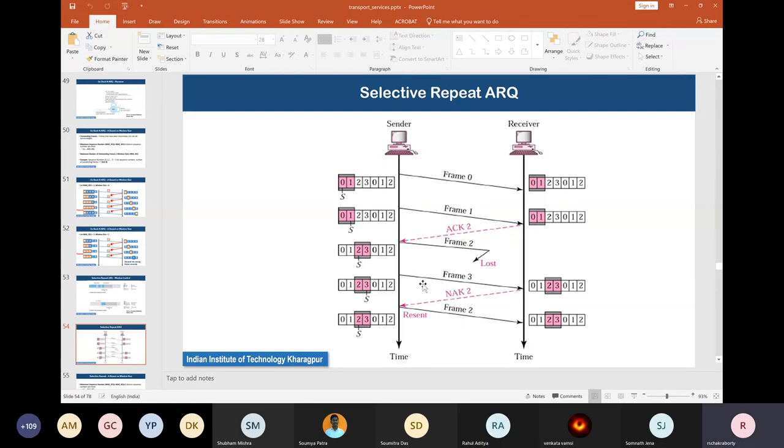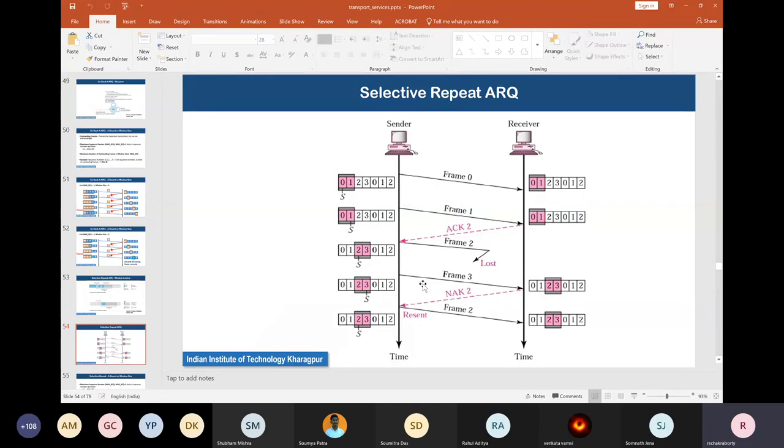So read the book. This topic is very nicely covered in Kurose and Ross. For this topic, and for TCP, several aspects of which we study later on, I would suggest please study Kurose and Ross. It is a better book.